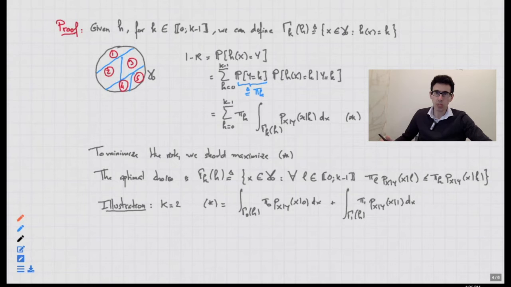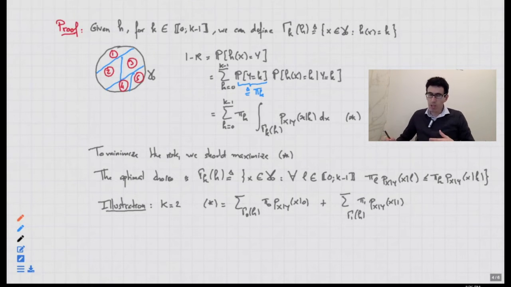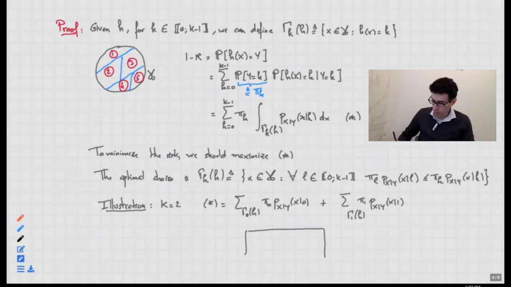I'm going to make one more simplification here to make my illustration even easier. I'm going to assume that my distributions are actually discrete and not continuous, as I suggest here, which really means that I can replace my integrals by sums. I can get rid of the differential elements and make everything look a lot easier. So what's happening here is we're saying the following. We have a set here, capital X, that we partition into two regions.